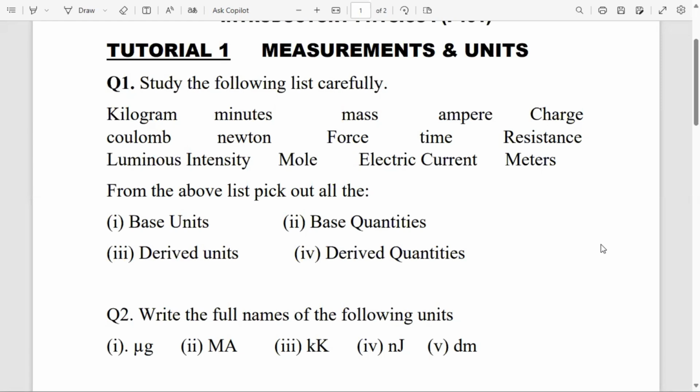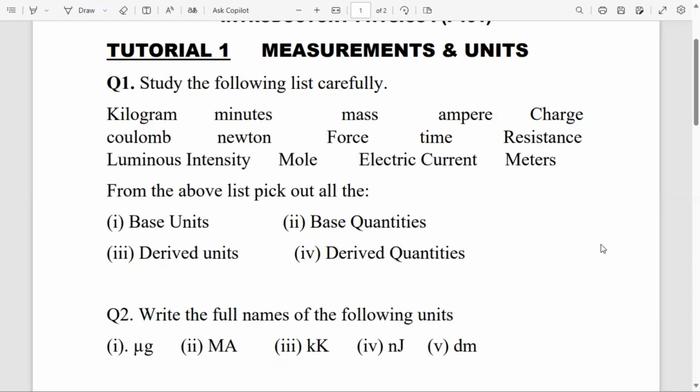Okay, so let's look at question one of tutorial sheet one, which is saying study the following list carefully. So we've been given a list of both units of measurements and physical quantities: kilogram, minutes, mass, ampere, charge, coulomb, newton, force, time, resistance, luminous intensity, mole, electric current, and the meter.